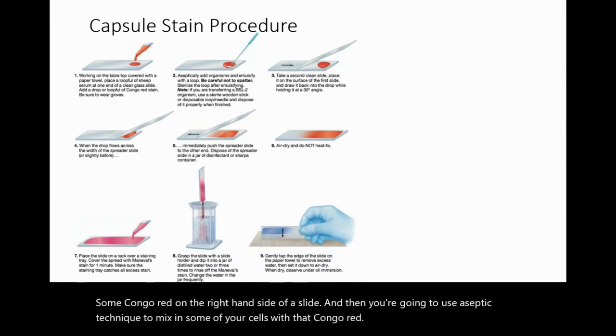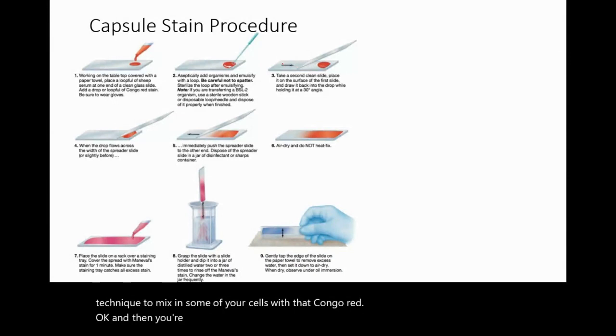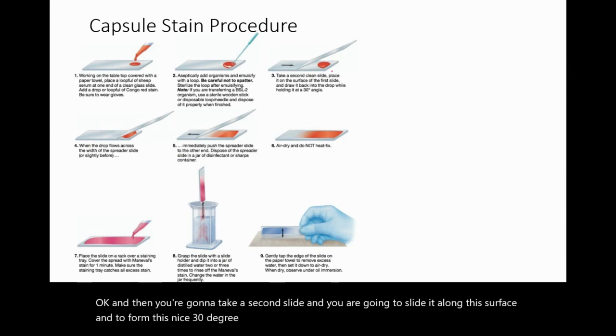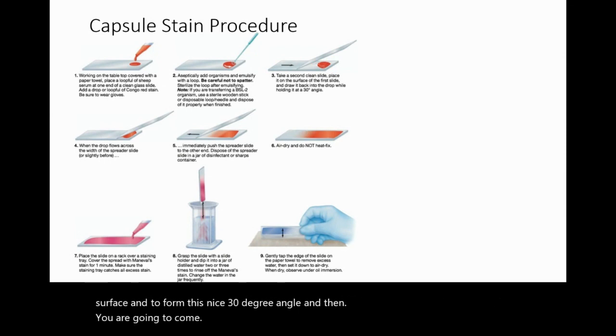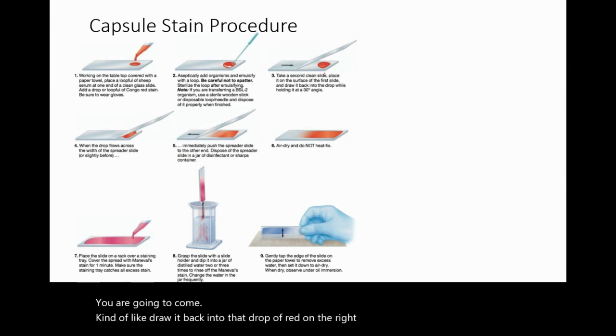Then you're going to take a second slide and slide it along the surface to form this nice 30-degree angle. And then you are going to draw it back into that drop of red on the right-hand side of the slide, at that 30-degree angle.